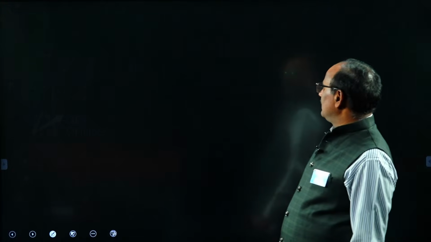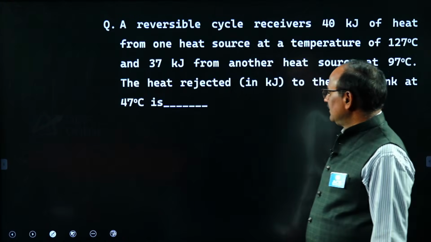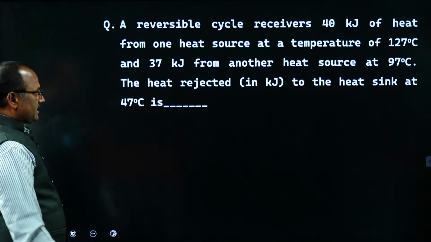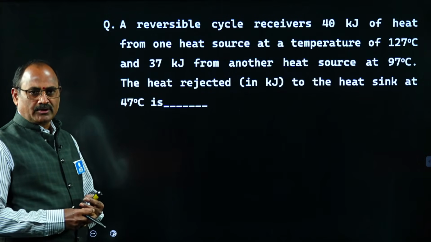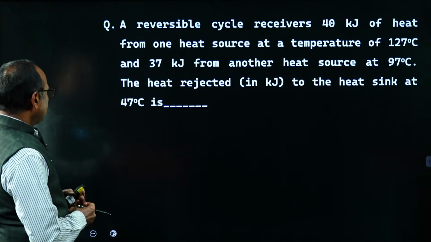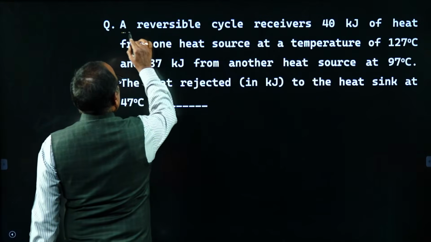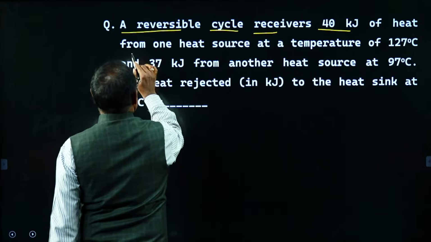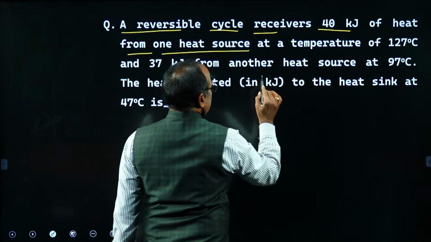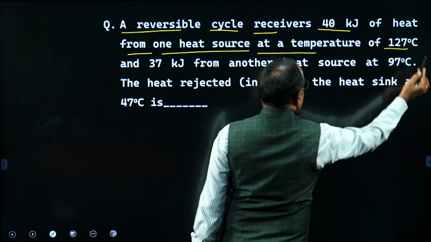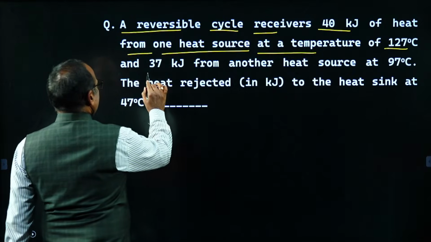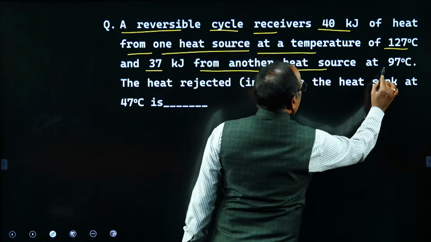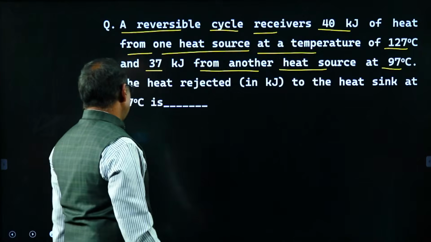Look at the very first question. Try to read the question clearly to understand what is given and what you are asked to find. A reversible cycle receives 40 kilojoules of heat from one heat source at a temperature of 127 degrees centigrade and 37 kilojoules of heat from another heat source at 97 degrees centigrade.